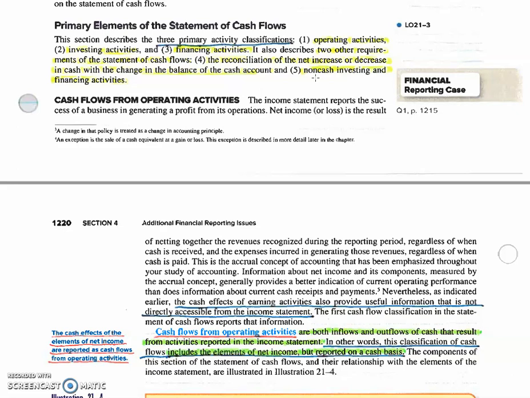Instead, it's reported as a supplemental disclosure, or it can be below the statement of cash flows on the face of the statement, but it's a separate category that's not calculated in with cash flows called non-cash investing and financing activities. And so you explain what happened, show the effect. Now, if on the other hand, you were to go down to your bank or credit union or somewhere like that and borrow money from them and go and buy the car.